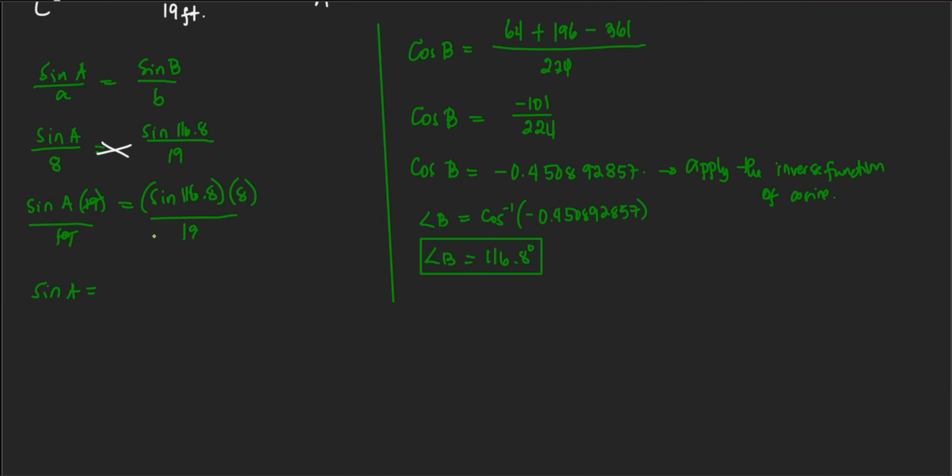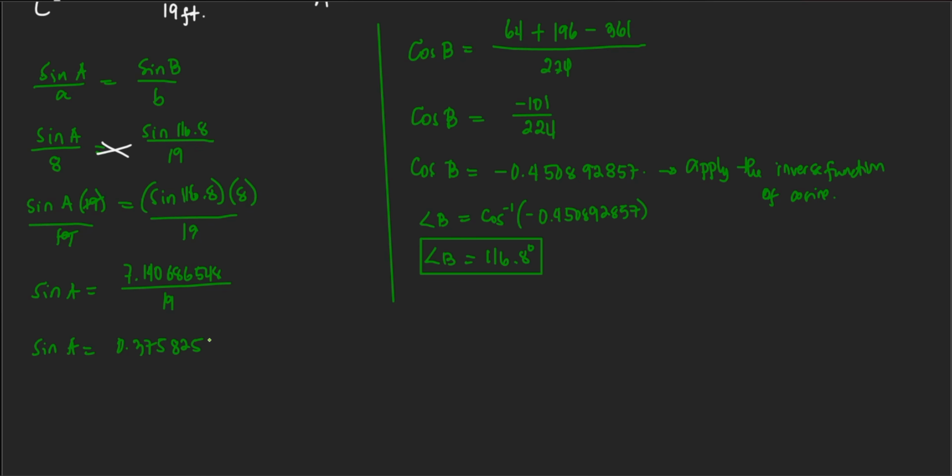So, yung result is 7.140686548 divided by 19. So, sine A, i-divide lang by 19. So, we have 0.375825607.